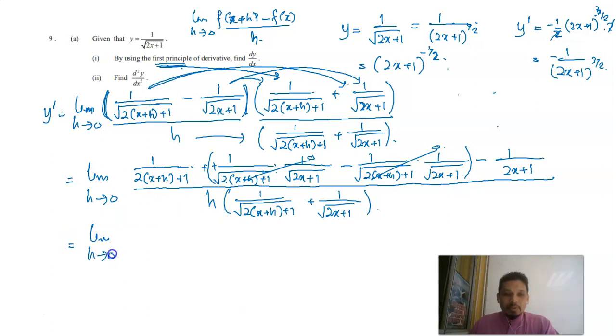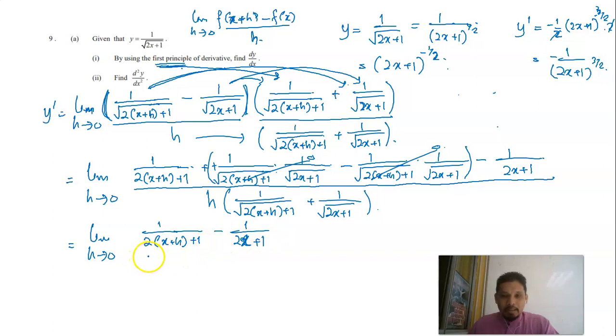Limit h approaching 0. Okay, this one here now, 1 over square root of 2x plus h plus 1, minus 1 over square root of 2x plus 1.